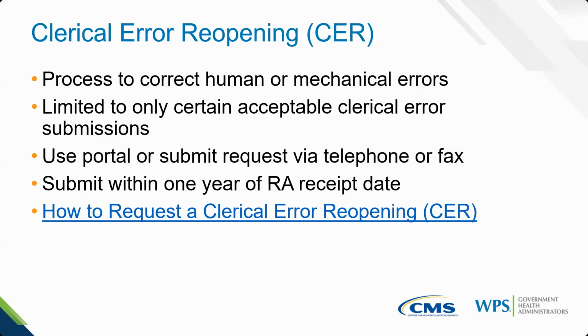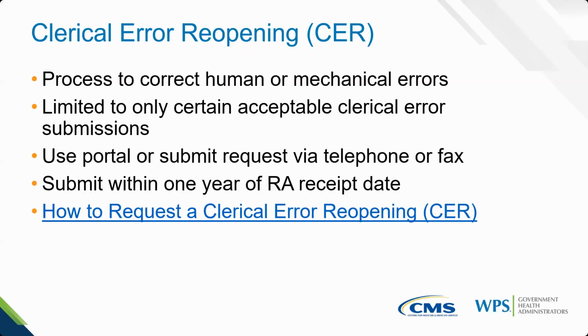Perhaps there was inaccurate data entry that occurred, misapplication of a fee schedule, or some other type of computer error. These are examples of those types of errors or minor errors that can be rendered under the clerical error reopening process.